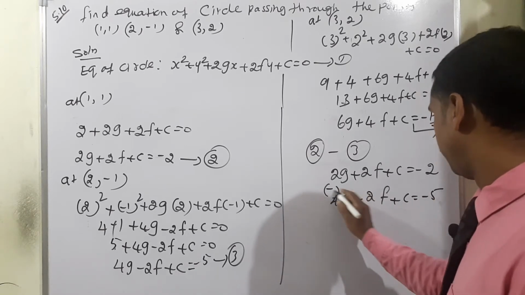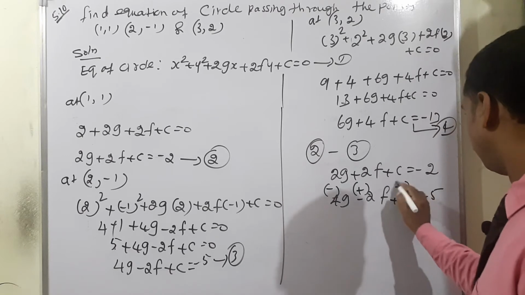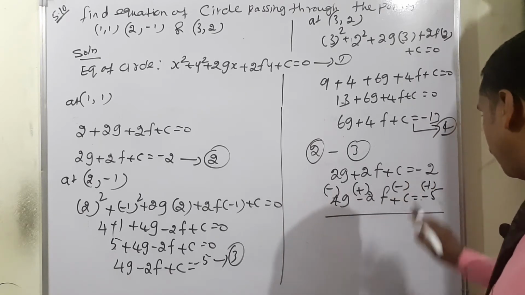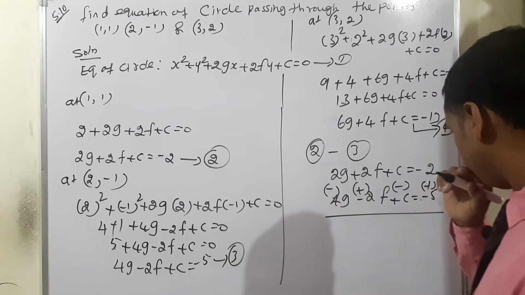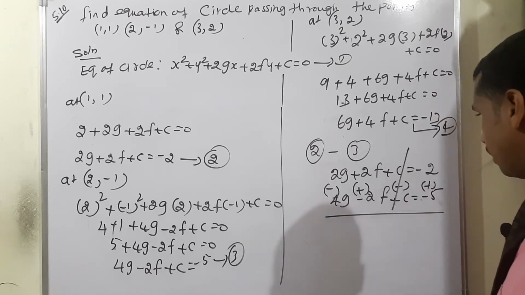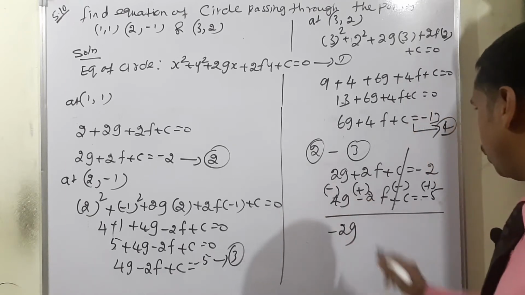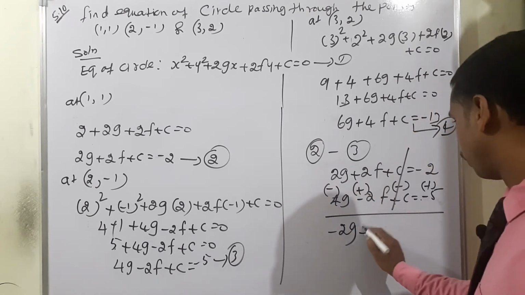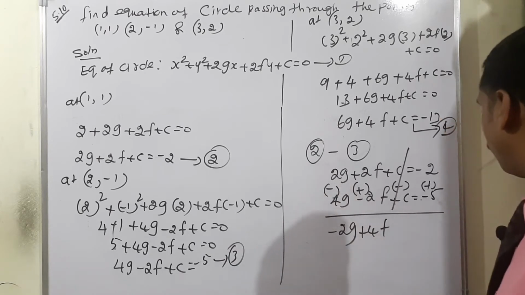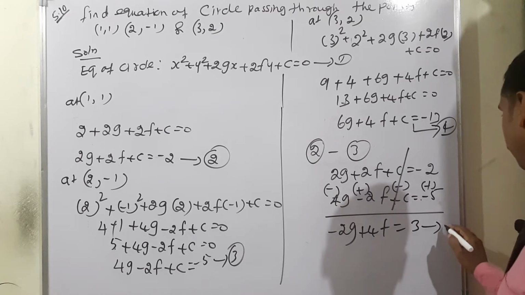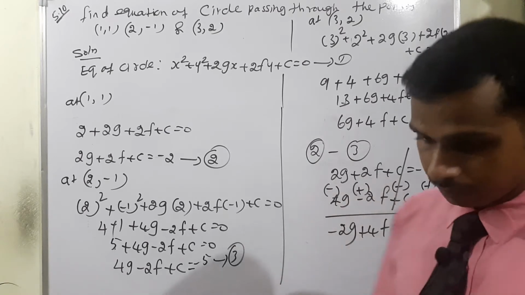The whole sign changes, so minus becomes plus, and here already minus sign is there, so we can write it plus, isn't it? So now plus c minus c cancel. Here 2g minus 4g means minus 2g, plus 2f plus 2f, so we can write it positive 4f is equal to minus 2 plus 5. So 3 will come. This is considered for equation number 5.